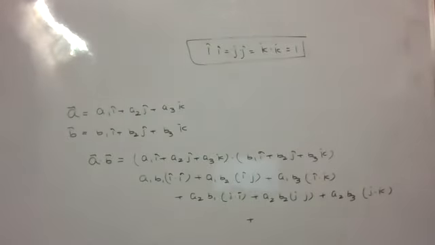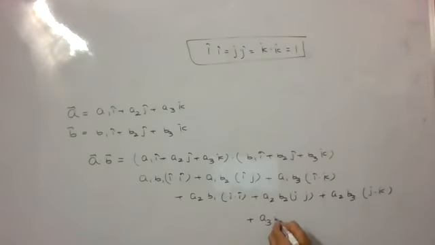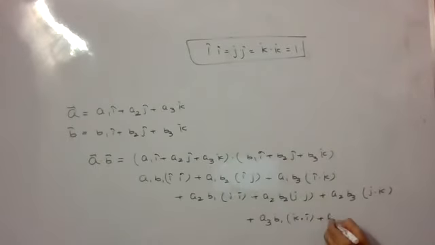Then plus A3 B1 k dot i. Then comes A3 B2 k dot j. And last is A3 B3 k dot k.